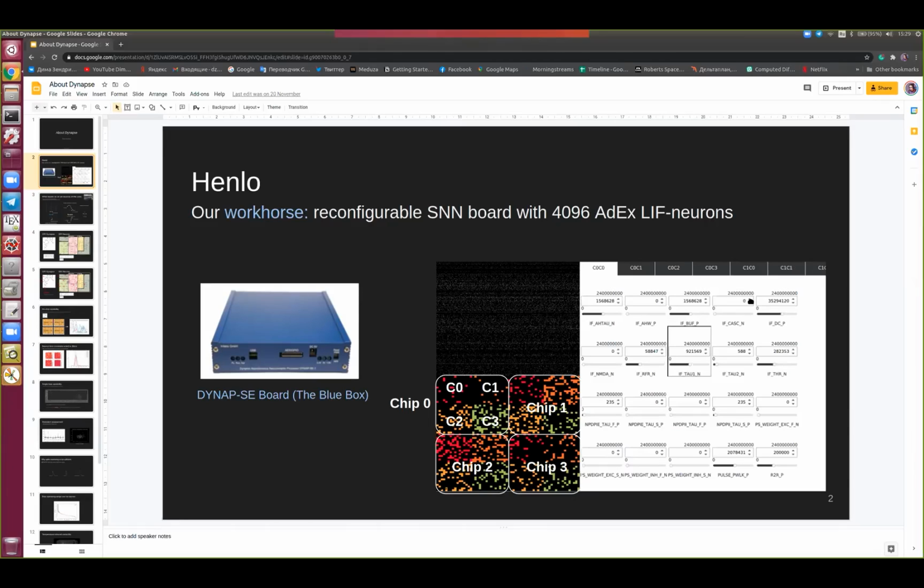First of all, it runs exactly in real time, so you can interface it with the DVS camera or any other device that supports AER protocol, and then you can create and configure your network on this chip.